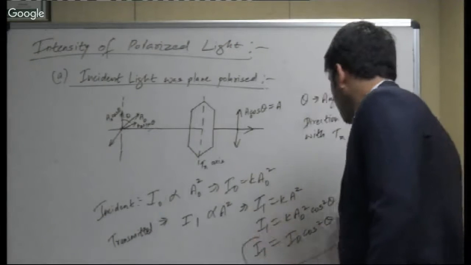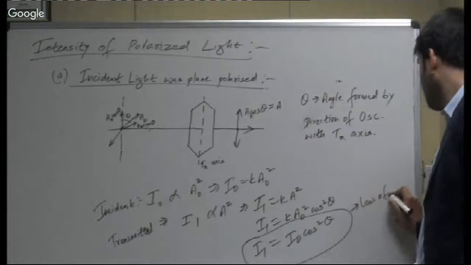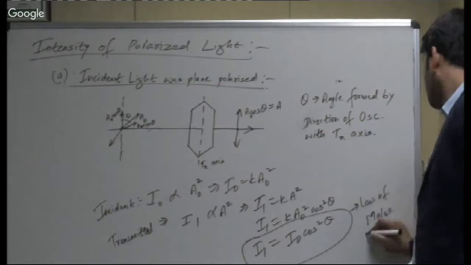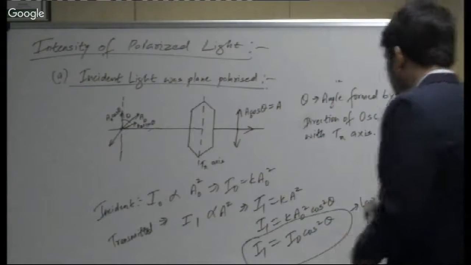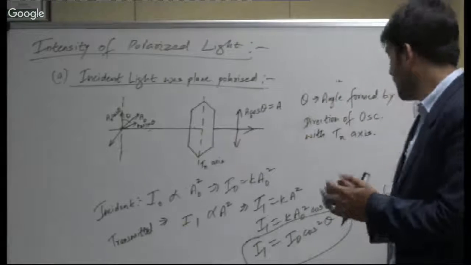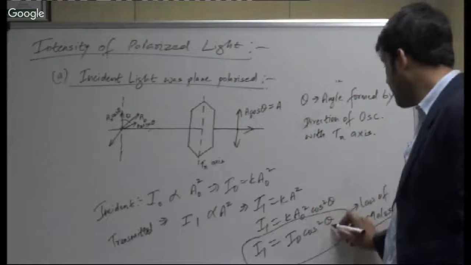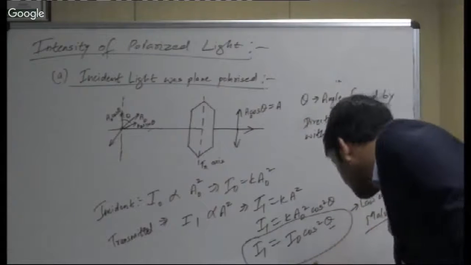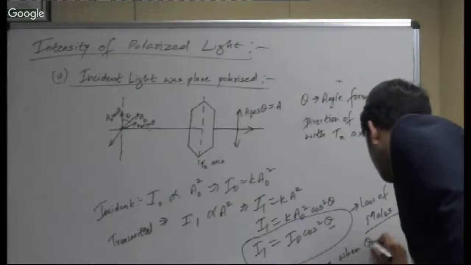This is called the law of Malus. From this law we can see that the maximum intensity is received when theta is 0. I1 is maximum when theta is 0.